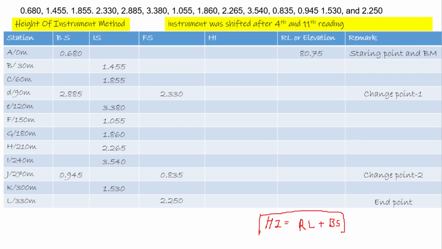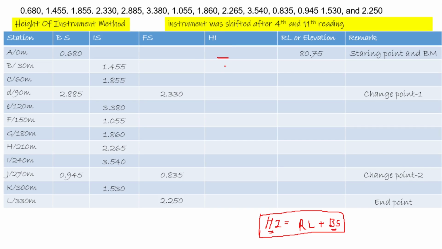It is the most important formula for calculating the HI. Whenever you see a backside, that time we calculate the height of instrument. So you can see in this problem there are three backsides, so there will be three HIs.